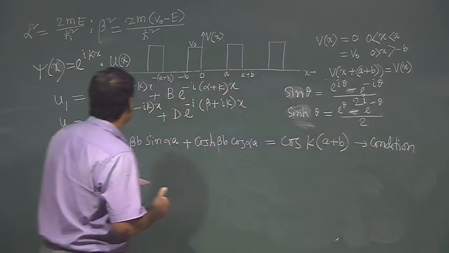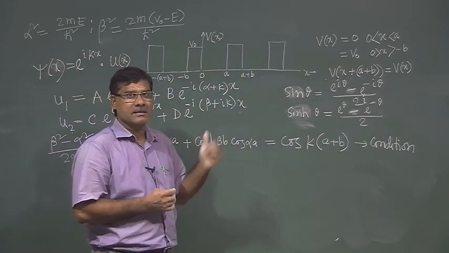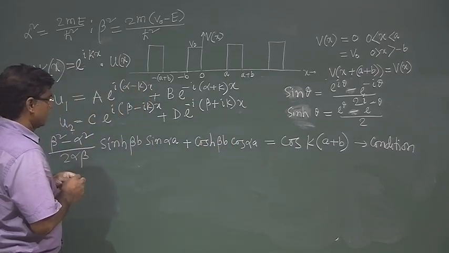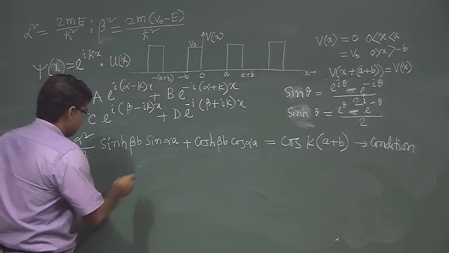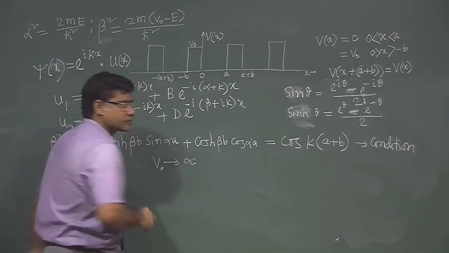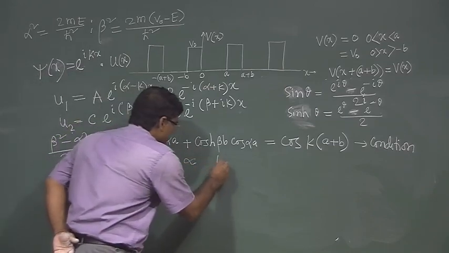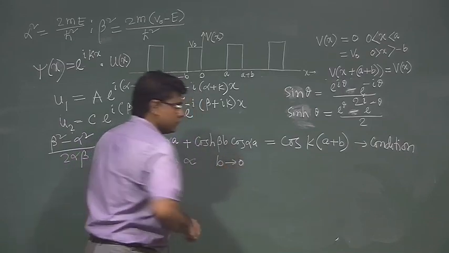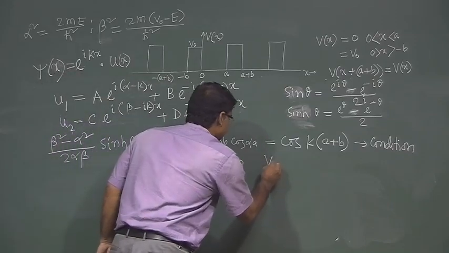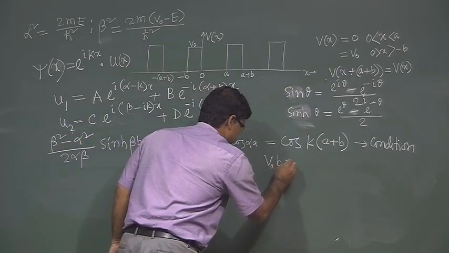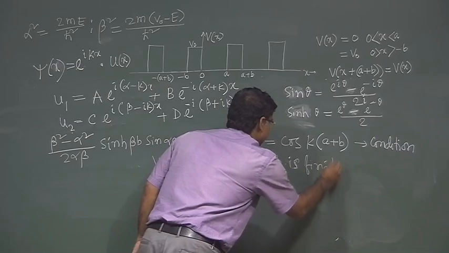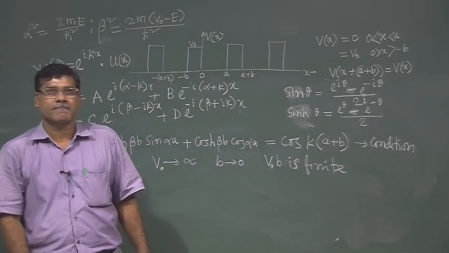To make it simpler, Kronig-Penney considered that V0 tends to infinity and b tends to 0, but V0 into b is finite, okay.